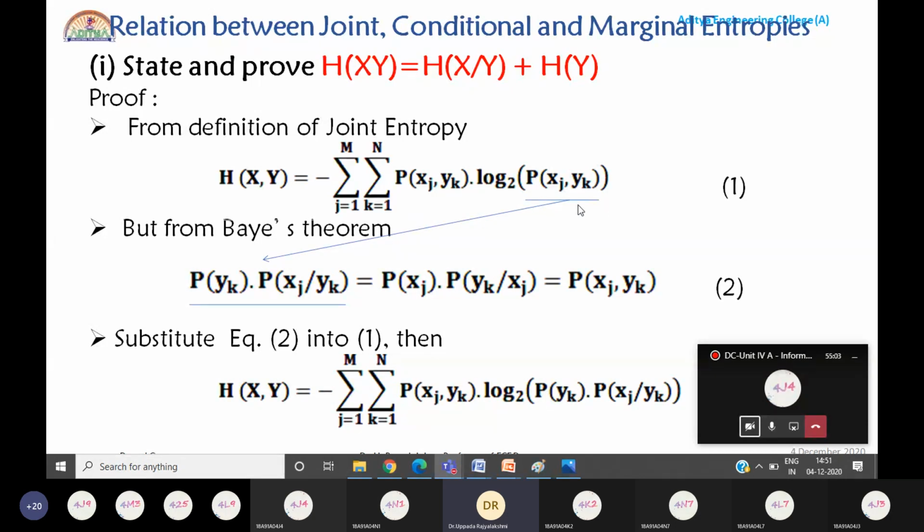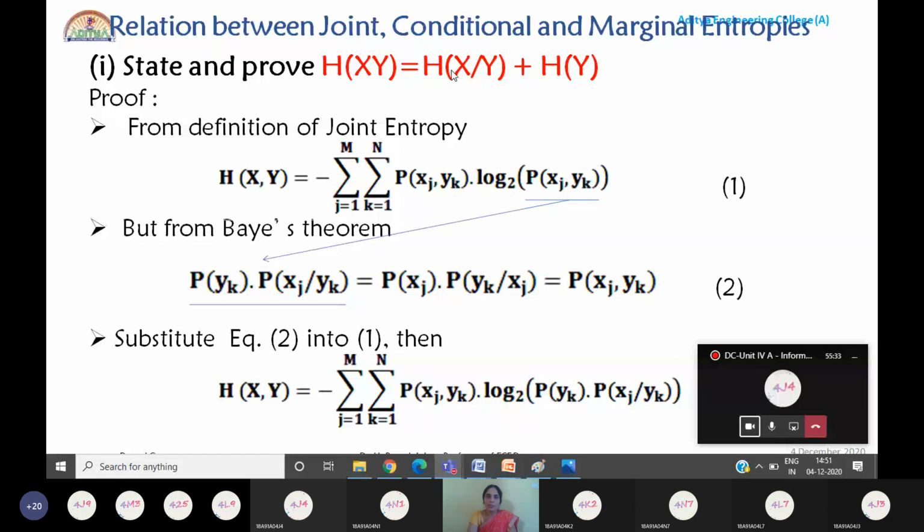Here, if you observe the portion inside the logarithm, that is p of xj comma yk. Here LHS is XY, but if you observe the RHS part, RHS consists of H of X by Y plus H of Y. So the logarithm part, if you observe, this is a joint probability matrix.